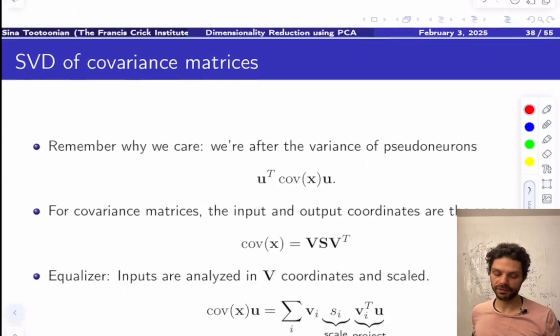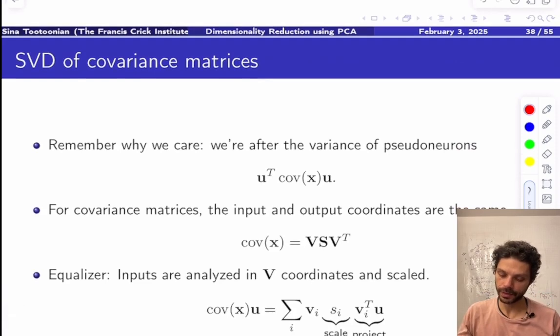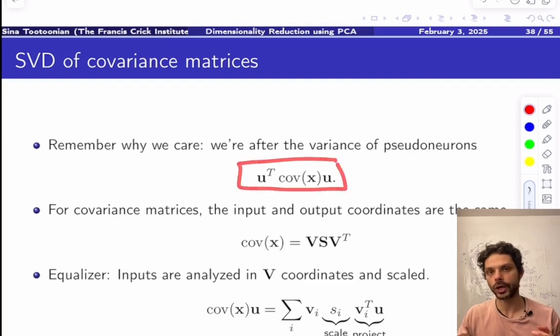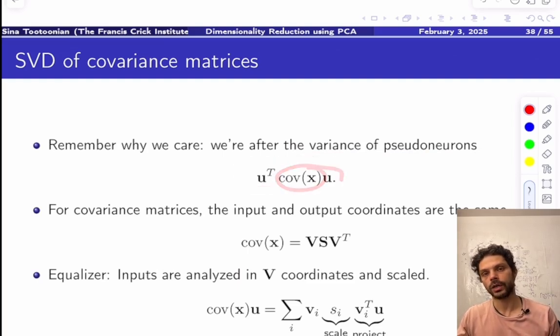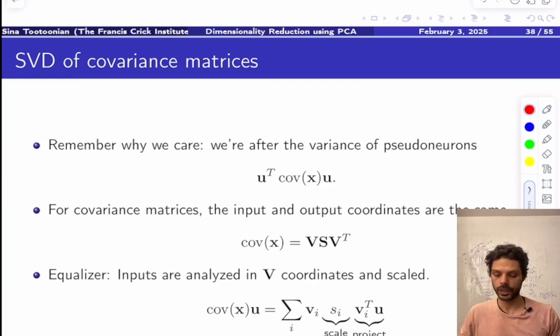Now, what were we actually after? Well, we were actually after the variance of pseudo-neurons, right? That's why we went down this SVD route. And we remembered that it was this projection onto the covariance of the direction that defined the pseudo-neuron. So now how can SVD help us maximize this quantity? Well, it turns out that for covariance matrices, the input and output coordinates are the same.